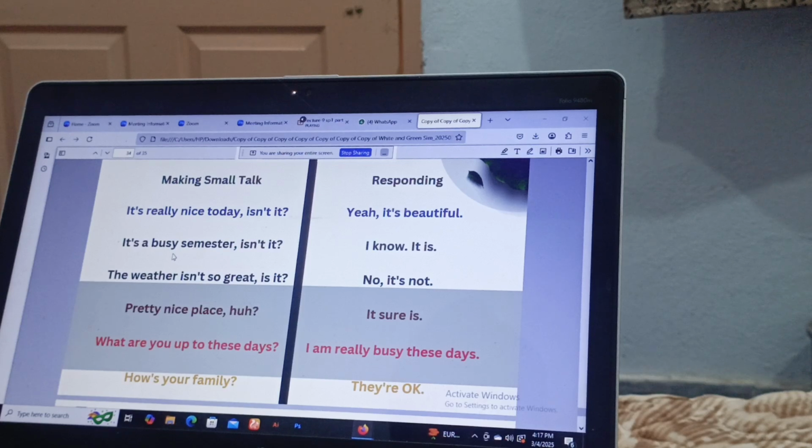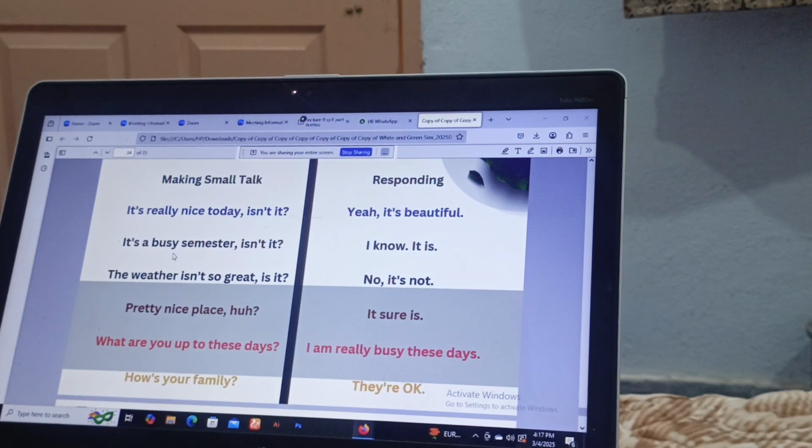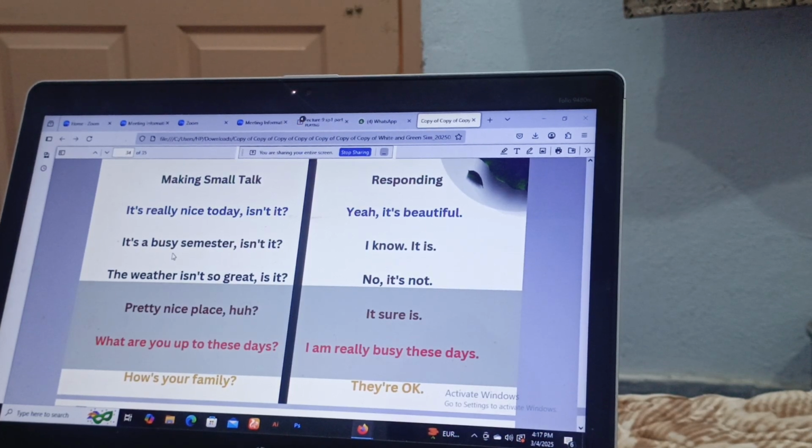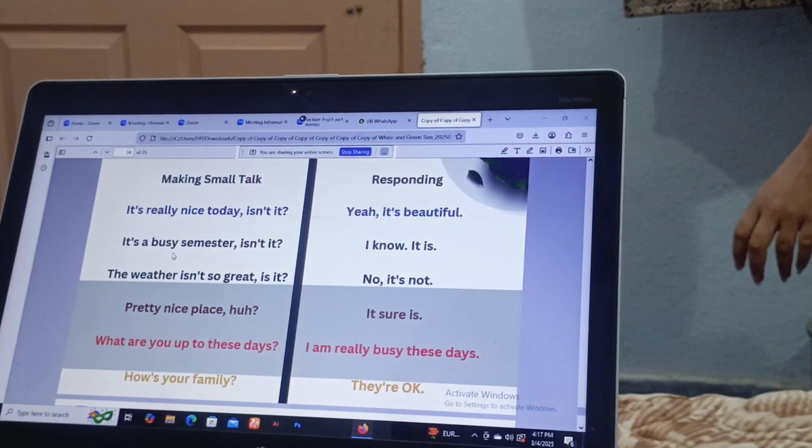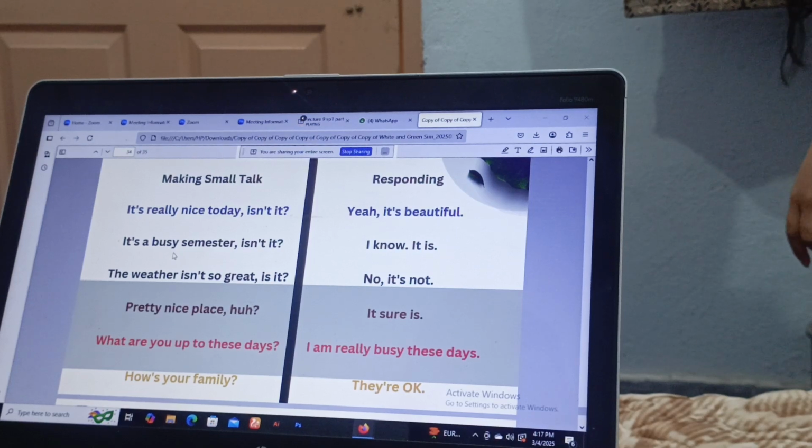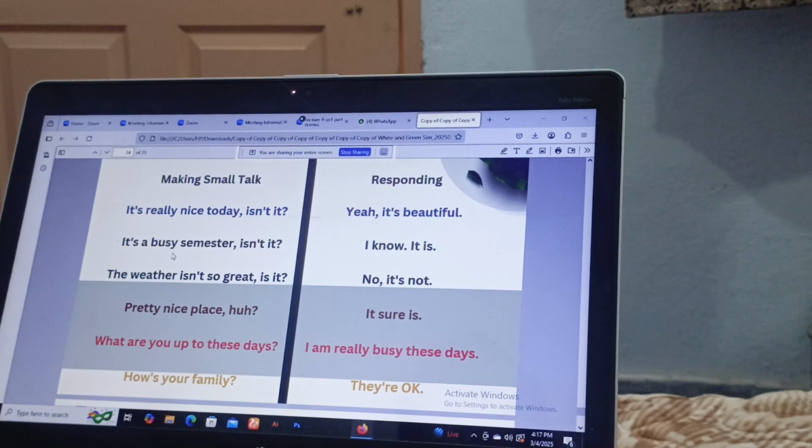Okay. What about the brown one? Pretty nice place, huh? That's how we say the huh sound. So in response, I would say it sure is.